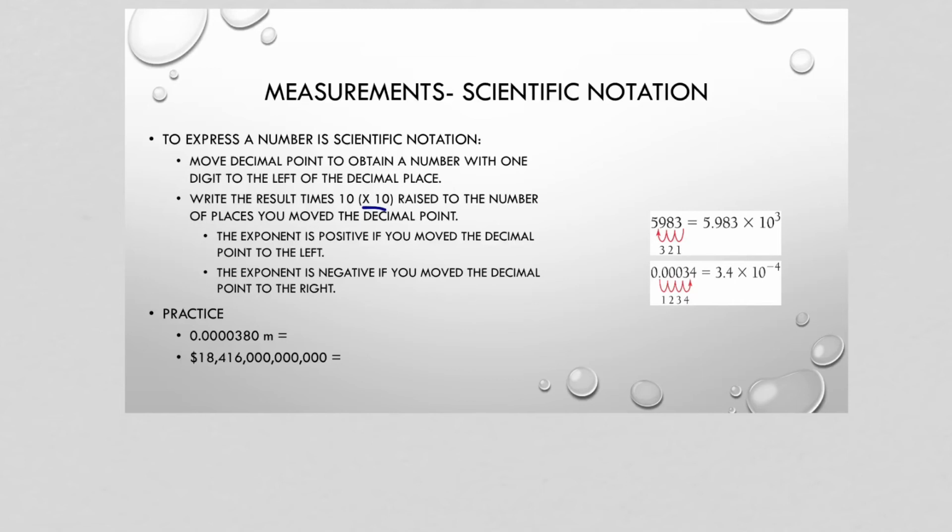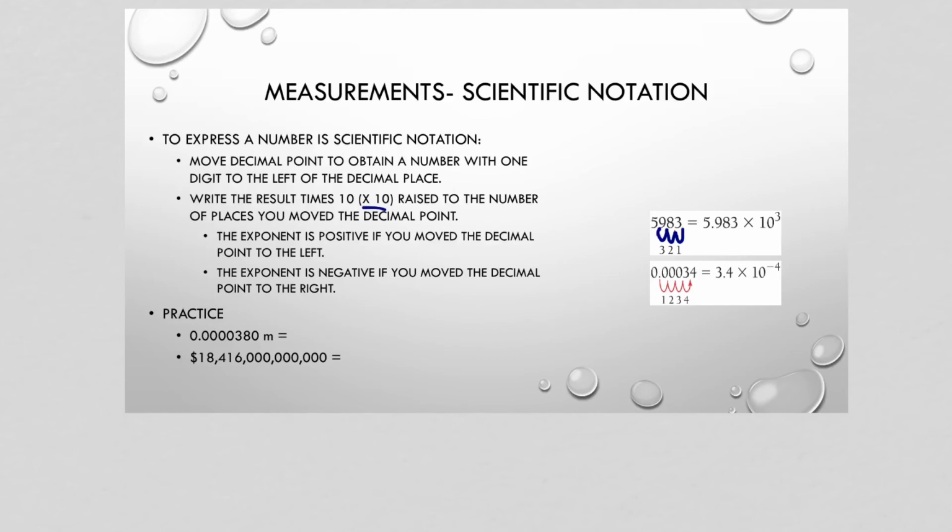If the exponent is positive, that means you moved the decimal place to the left. For example, if we had the number 5,983, to get one number to the left of the decimal, we had to move the decimal place 1, 2, 3 places, and so our exponent becomes a positive 3.